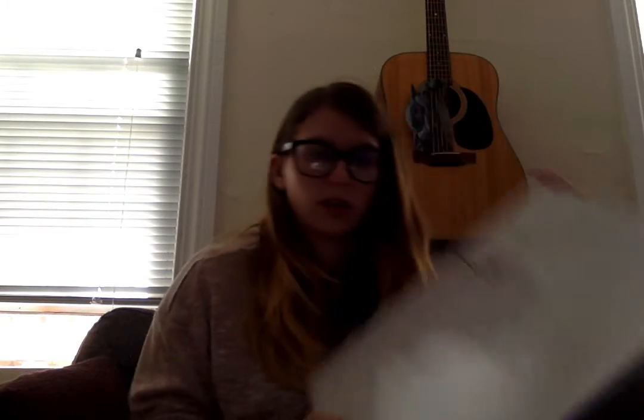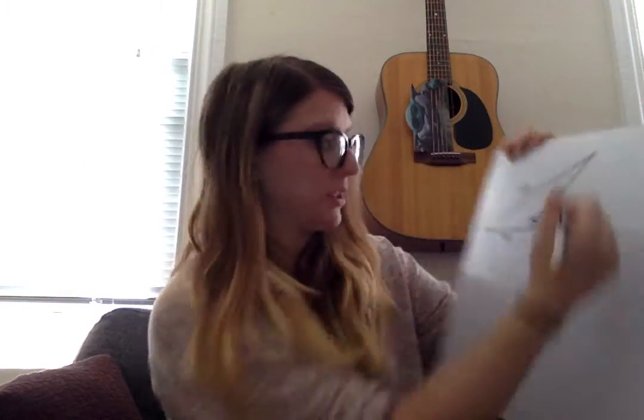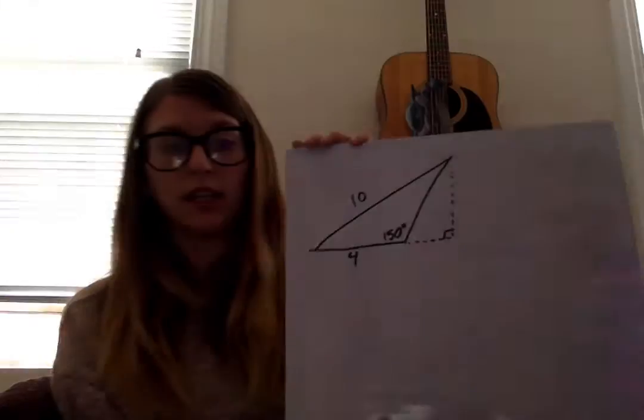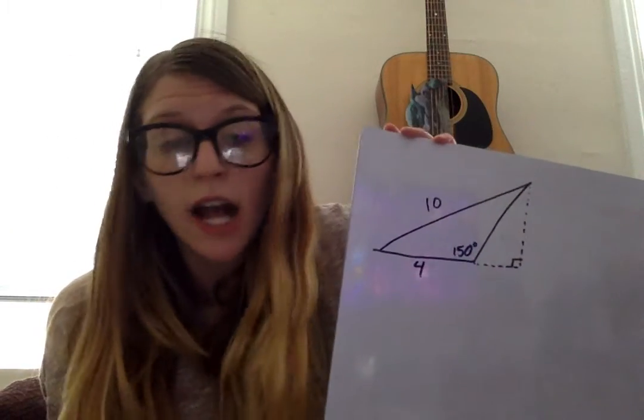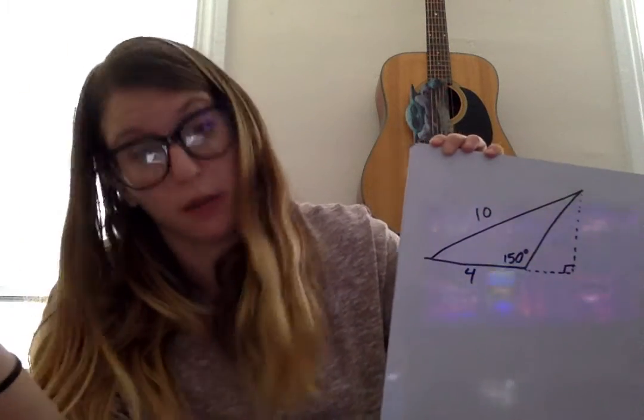There's a bunch of different ways to do this. Okay, so find the area of this annoying thing. So if I made a 90-degree angle from the top of my triangle down, I'm sure you can see it is not even inside the triangle, which makes your lives so much more miserable than they need to be.